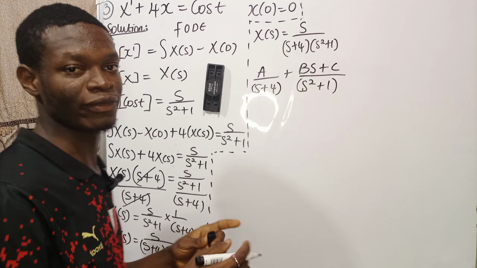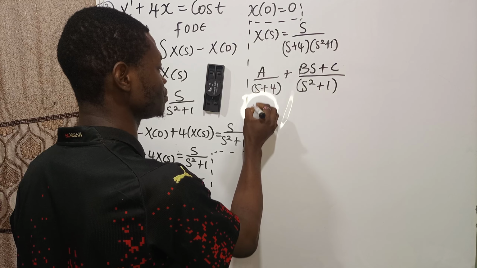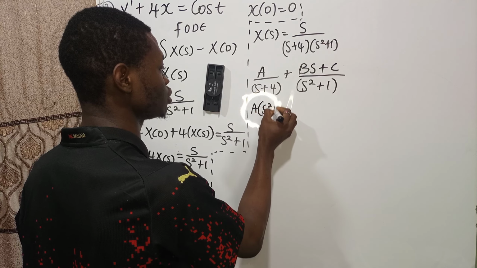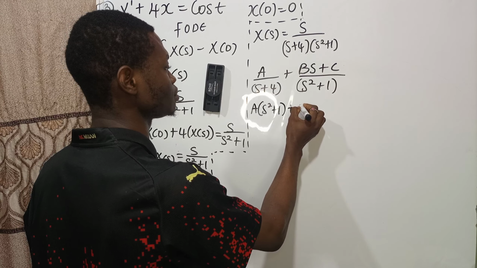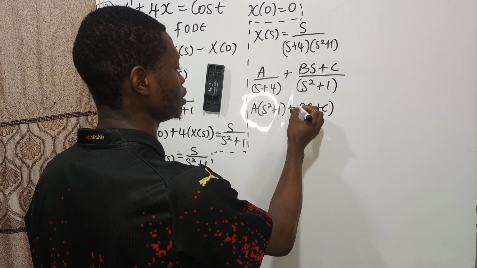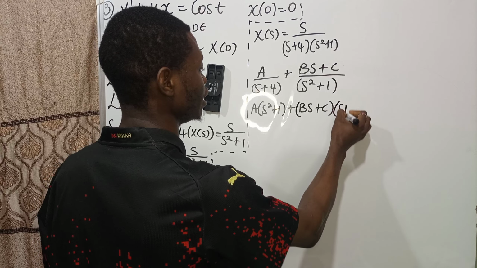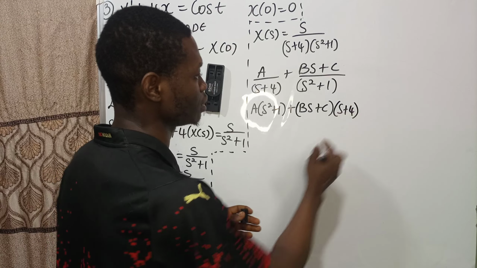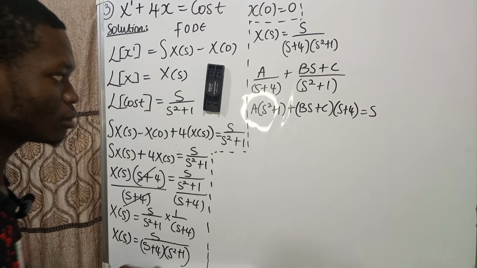So it will be in this form. Now we are going to multiply. We are going to have A times s squared plus 1, plus Bs plus C, times s plus 4, is equal to s.